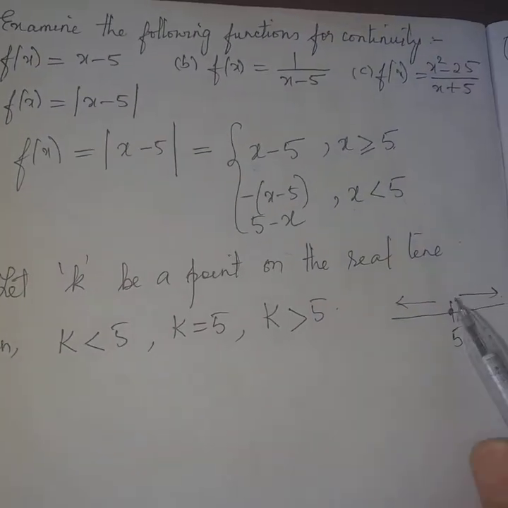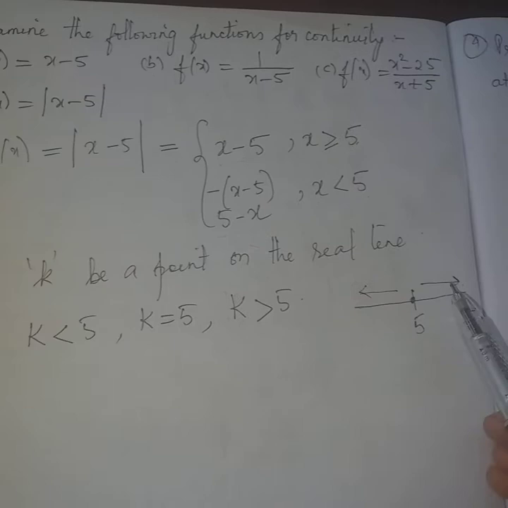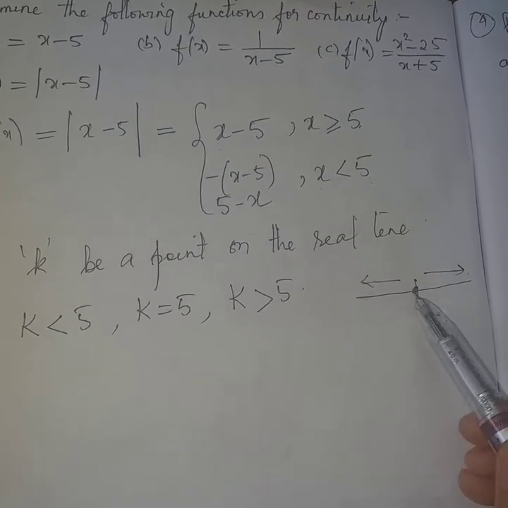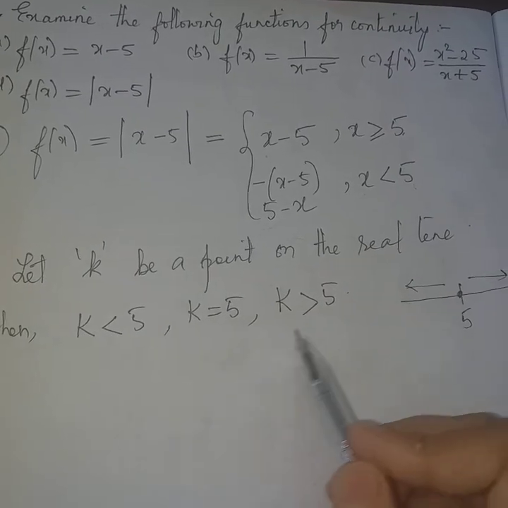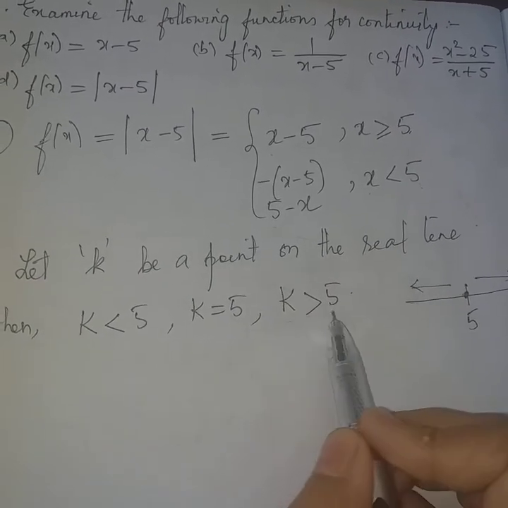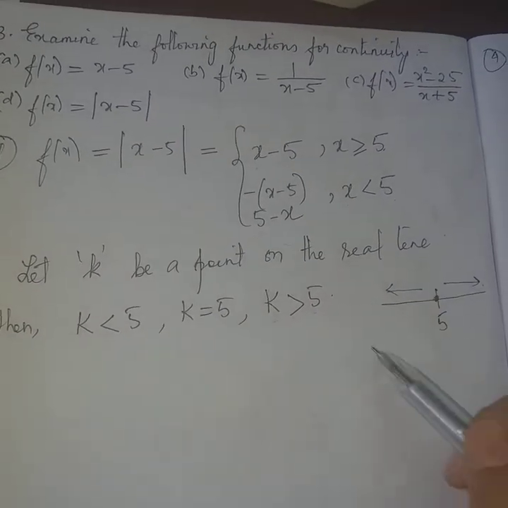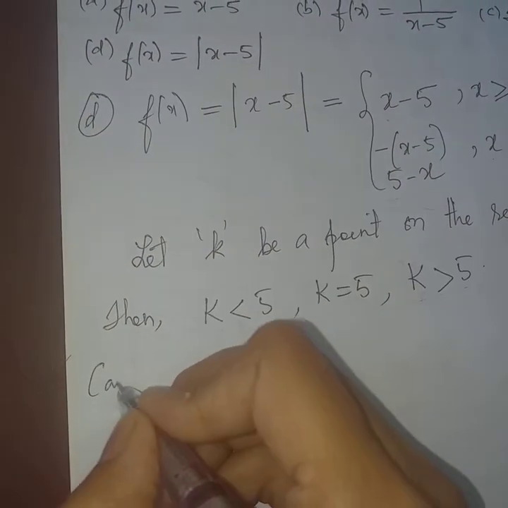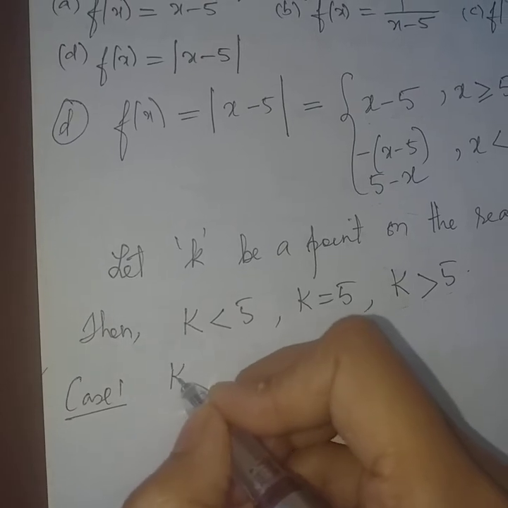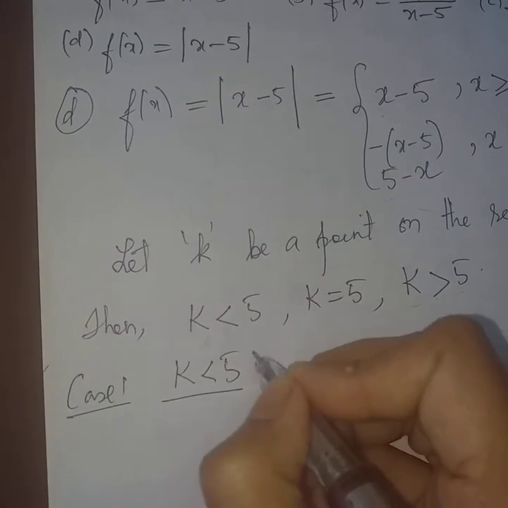If we take the intervals less than 5, at 5, and greater than 5, and check all these three cases, the whole real line will be covered. So one by one, the first case is when k is less than 5.